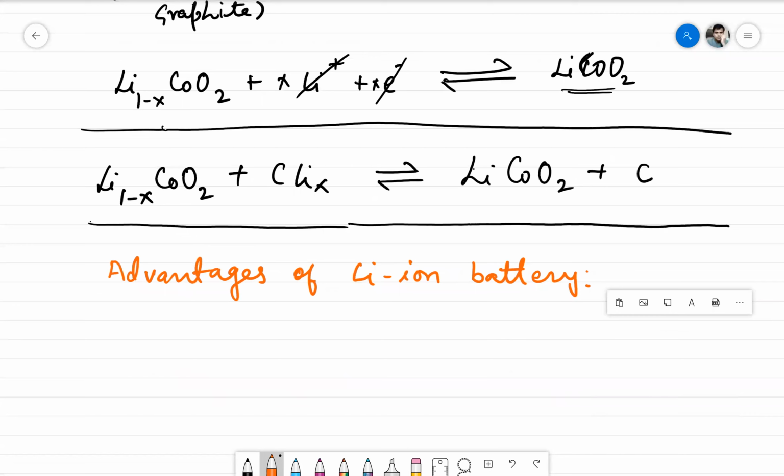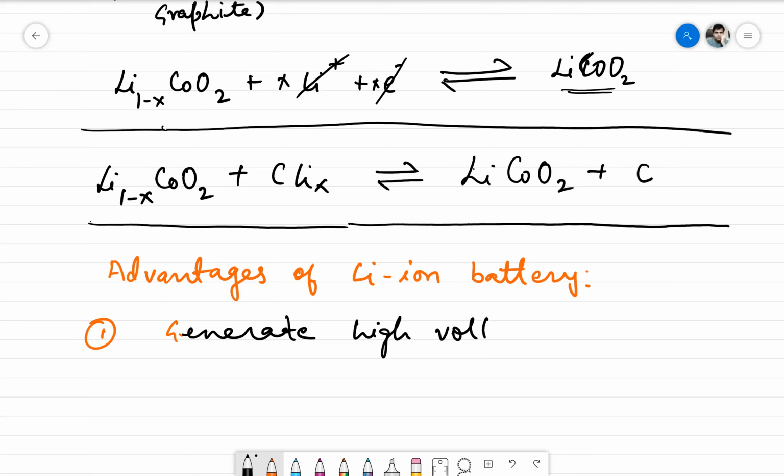So we can write here: they generate high voltage. They are light in weight, so easy to transport.